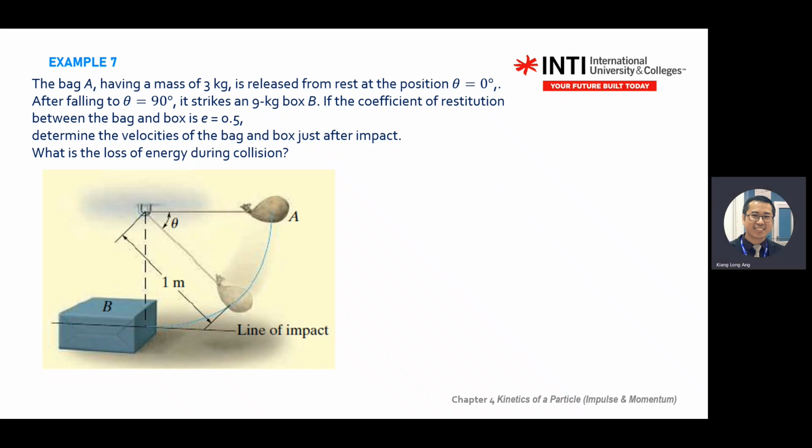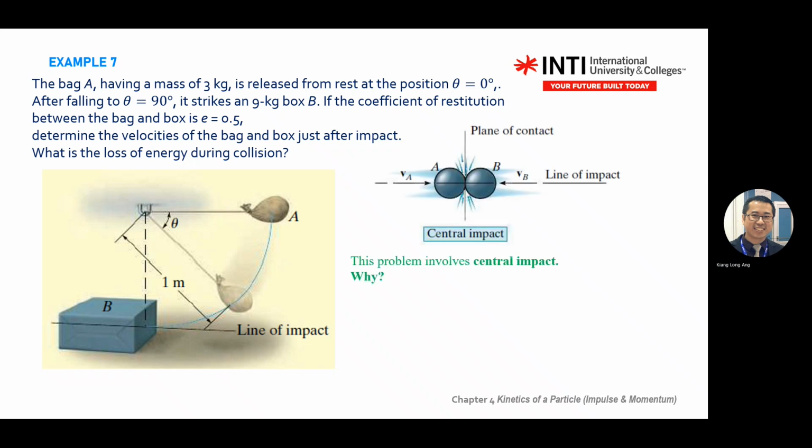This is central impact, because they hit at the line of impact. Although this one comes by a certain angle, this is a curve. A curve is always moving in the tangent direction. Okay. So this is central impact.